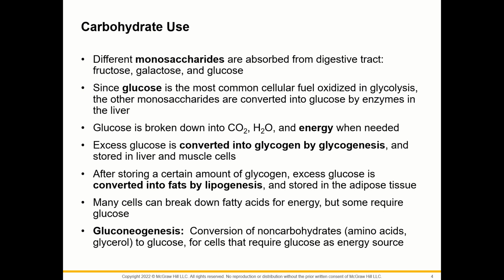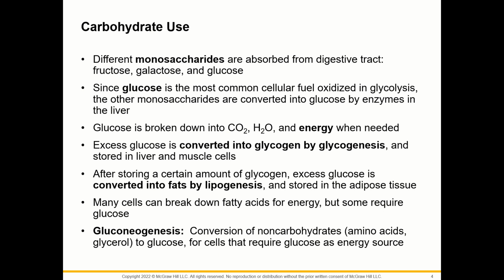After storing a certain amount of glycogen, excess glucose is converted into fats by lipogenesis and is stored in adipose tissue. This is why high fructose corn syrup is so dangerous, as is a high sugar diet, because excess sugar is ultimately converted into fat.